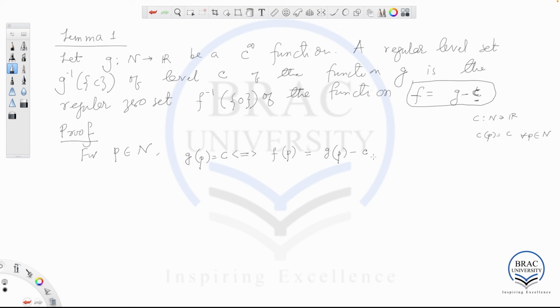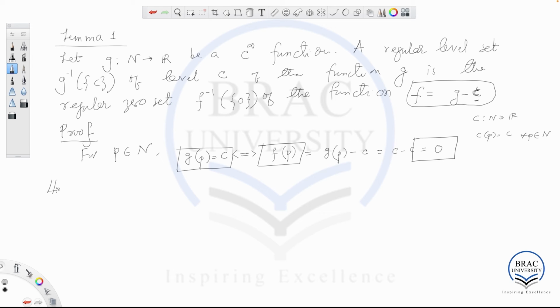Because it's going to be C of P, and C of P is just C. So this is C minus C is equal to 0. So G of P is equal to C is equivalent to the fact that F of P is equal to 0.